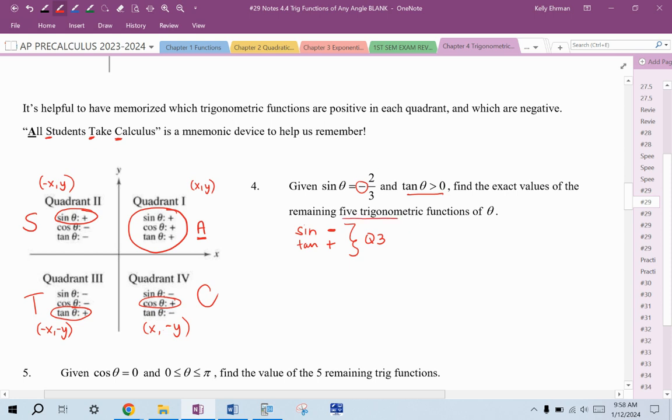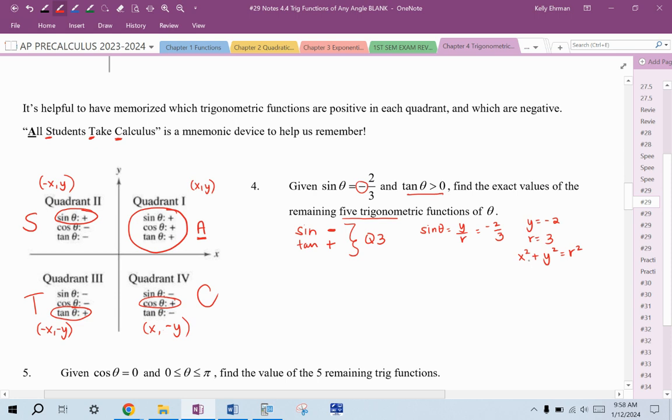Okay, now what about the 2/3 part? So sine is equal to negative 2/3. Remember, sine theta is equal to y over r. So if that's equal to negative 2/3, it means that y is equal to negative 2 because r is always positive. So r is positive 3. And we can use Pythagorean theorem to figure out what that missing piece is.